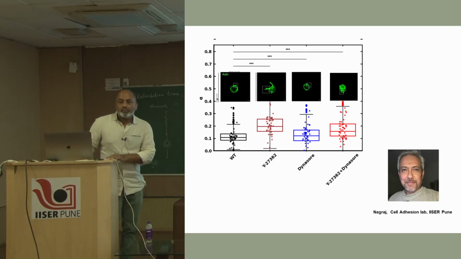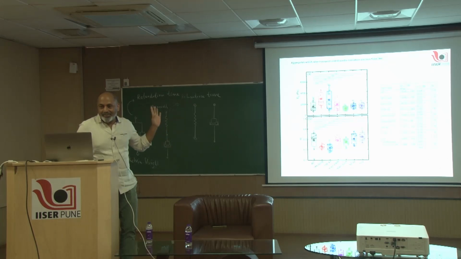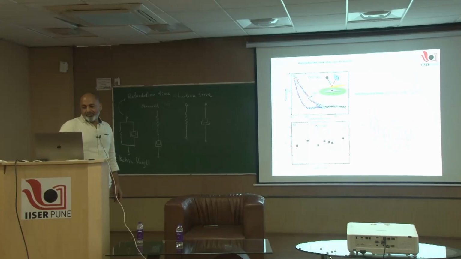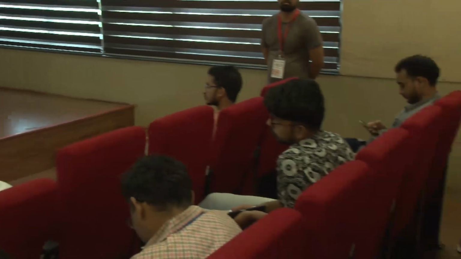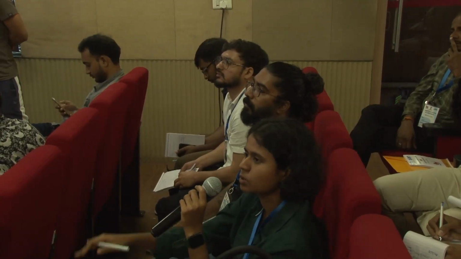Sorry? That's the exponent. Sorry, the alpha and beta are one and the same. Somehow you should put beta there, because in the initial discussion I was saying alpha and then beta and then saying alpha. Sir, the spreads in the box plot, do they also tell us something about the cells themselves, like heterogeneity or whatever? Yeah, it will.